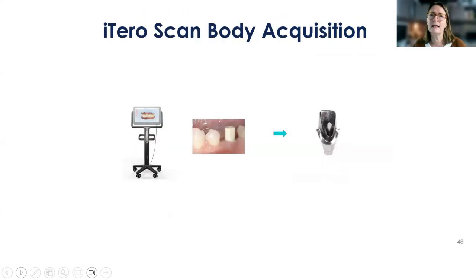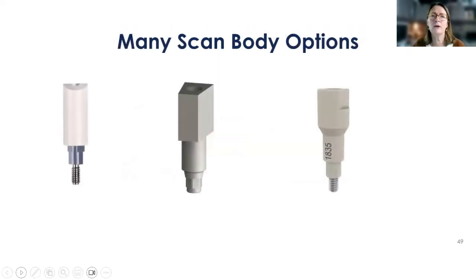So what is a scan body? A scan body takes the place of what we know or knew as an impression post that we would use for an open or closed tray impression. So this center image is the scan body itself. There are many, many different types of scan bodies out there.